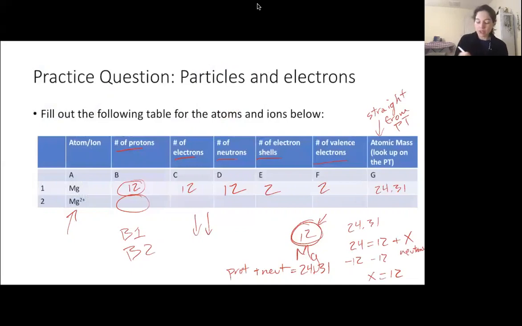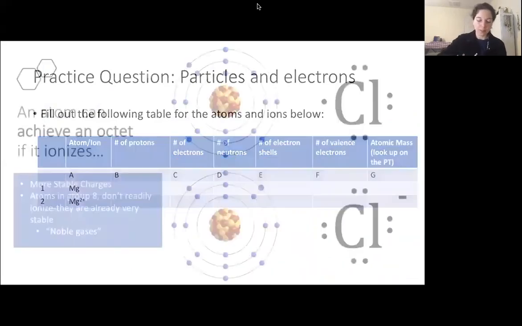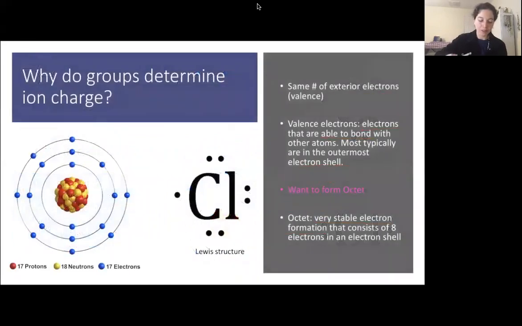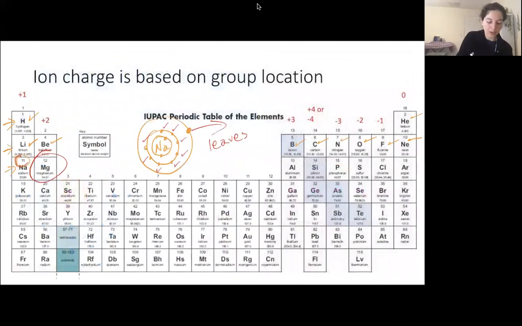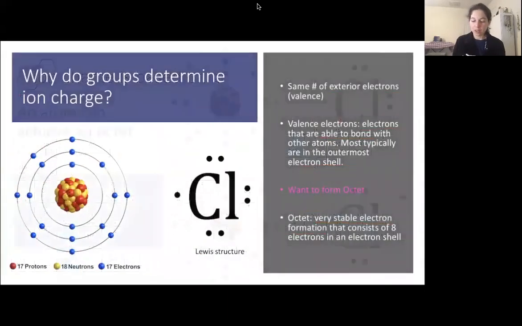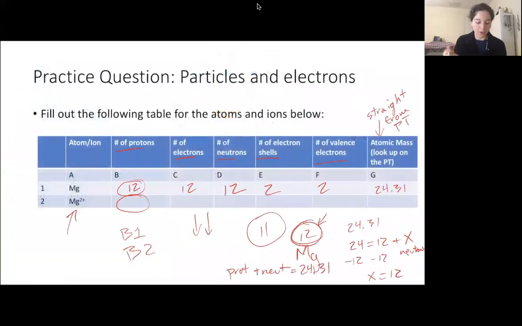So if you change this to say 11, then if we look back at our periodic table, you'll see that's a whole new atom. That's sodium now. You cannot change the atomic number at the top without changing the identity of the atom. So make sure you're careful there with changing that. So this is also 12. It's not going to change there.